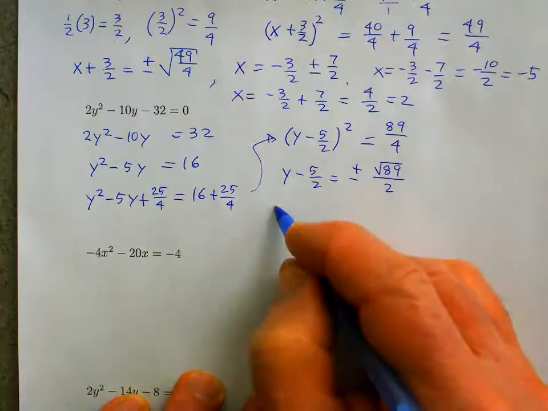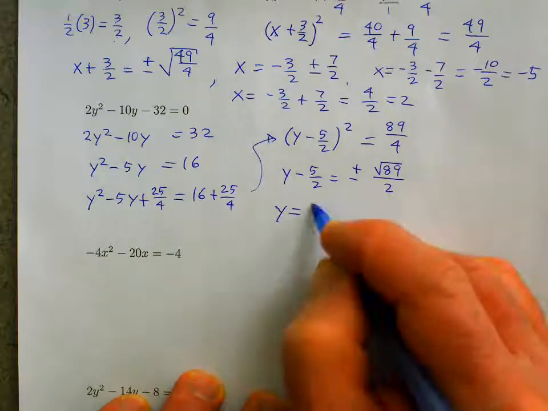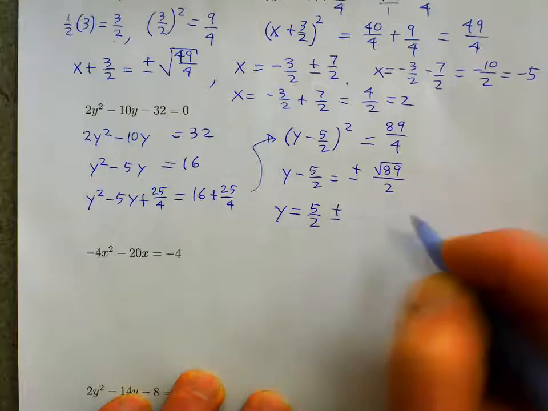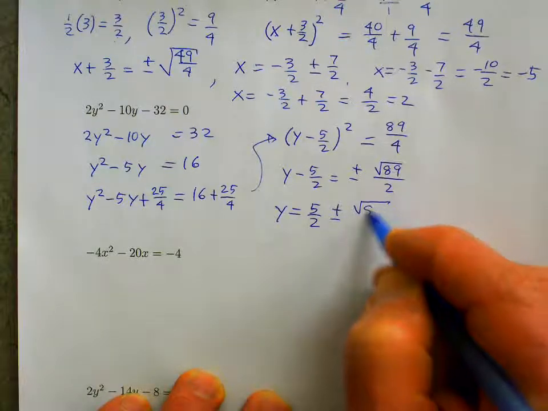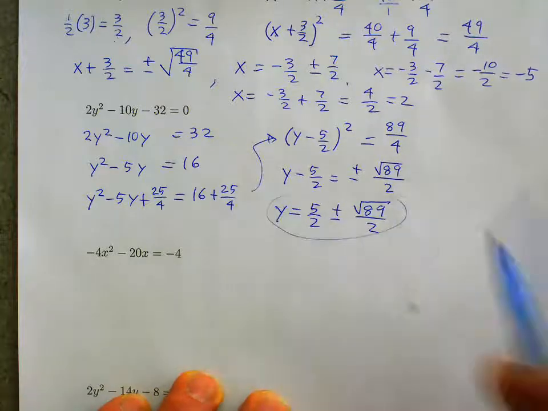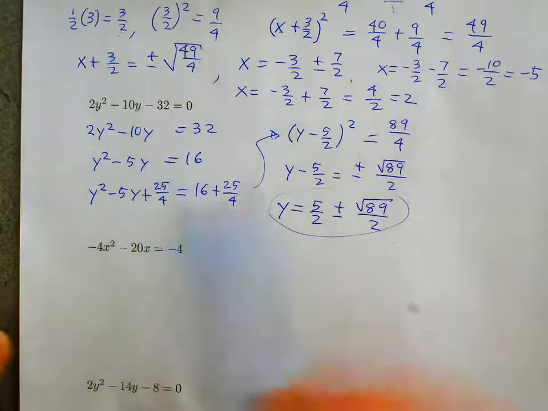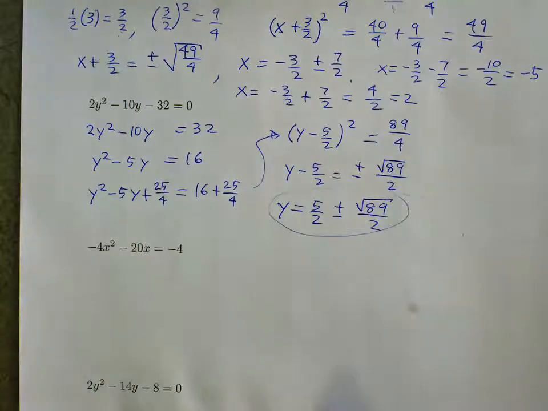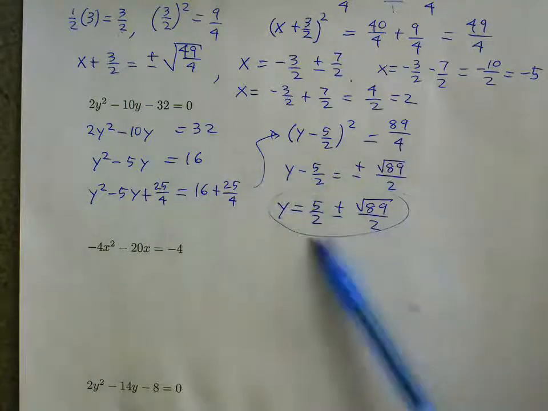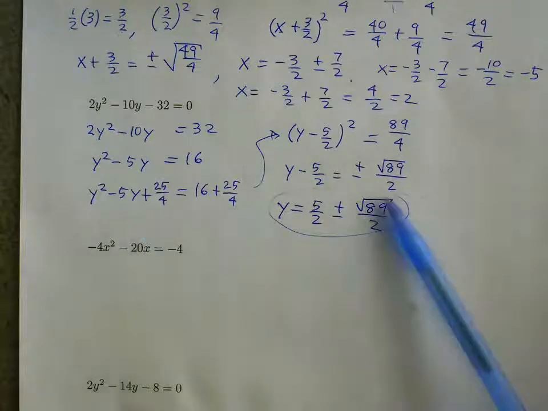And so our solutions are, when we add 5/2 to both sides, y equals 5/2 plus and minus the square root of 89 over 2. Okay, so I did that one fairly rapidly. If you need to show more steps, then go ahead and show more work.